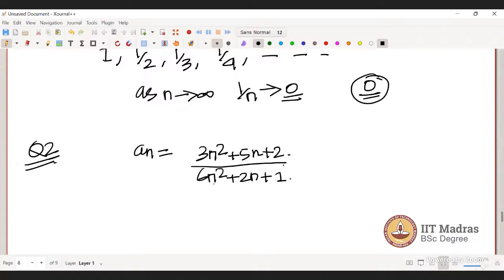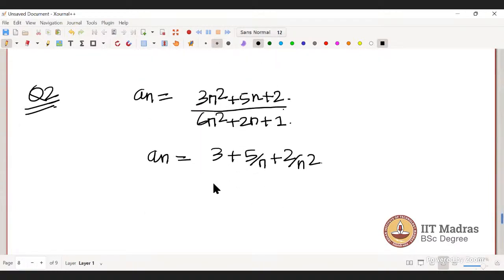Now if I divide by n square in both the numerator and the denominator, what will I get? We will divide by n square, right? 3 plus 5 by n plus 2 by n square, and the denominator is 6, right? Okay.